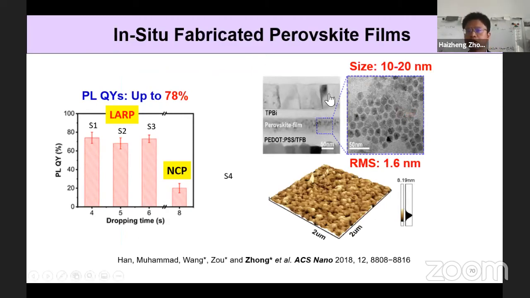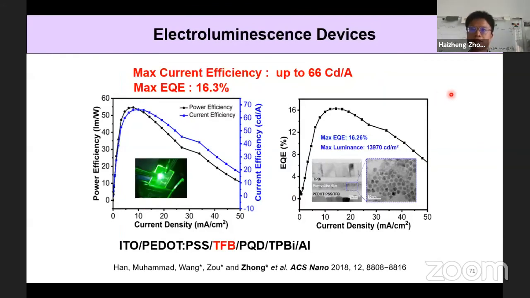Then we also did TEM measurements. The results are shown in the right picture: the resulting samples have an average size of 10 to 20 nanometers, and the surface is very uniform. This enables us to fabricate highly efficient devices with a maximum EQE of 16.3% for the green perovskite QDs.